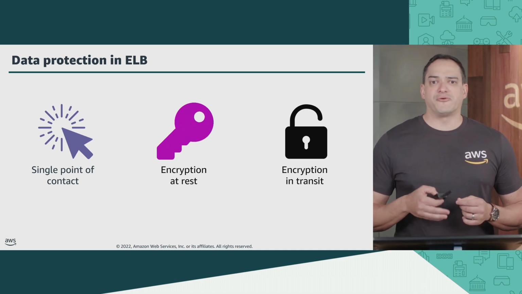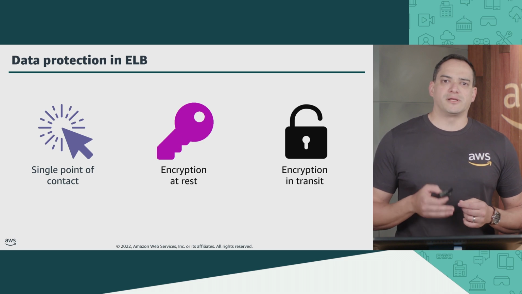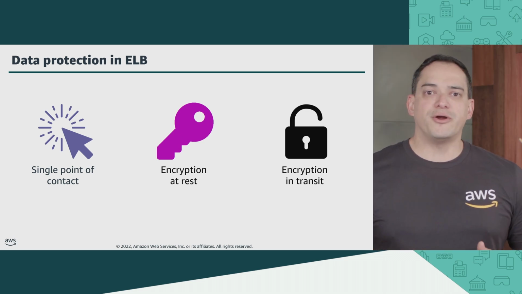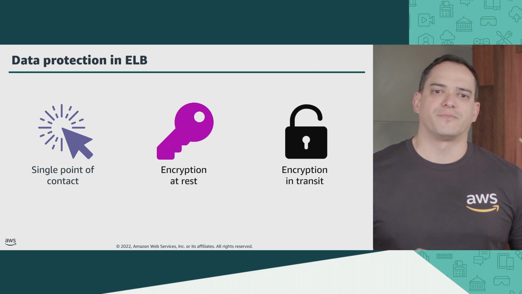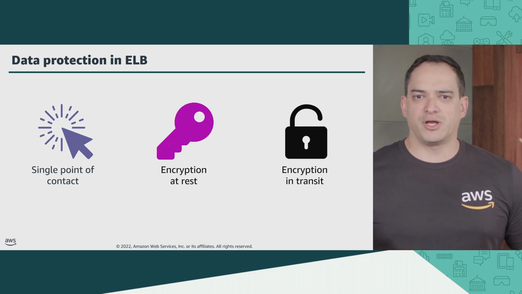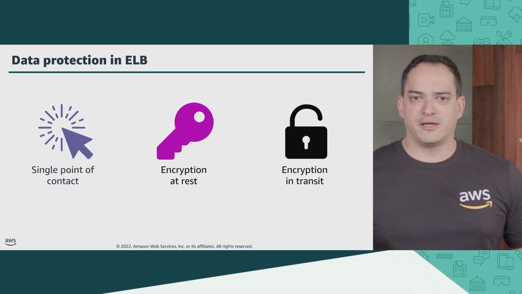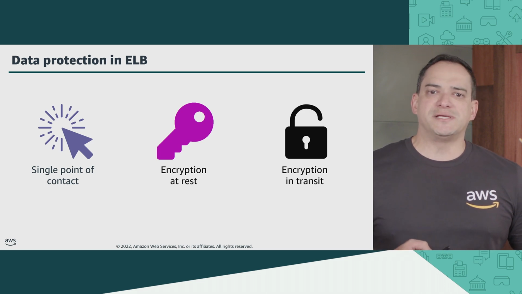Each log file is encrypted with a unique key, which is itself encrypted with a key that's regularly rotated. And third, ELB simplifies the process of building secure web applications by terminating HTTPS and TLS traffic from clients at the load balancer. The load balancer performs the work of encrypting and decrypting the traffic instead of requiring each EC2 instance to handle the work for TLS termination.